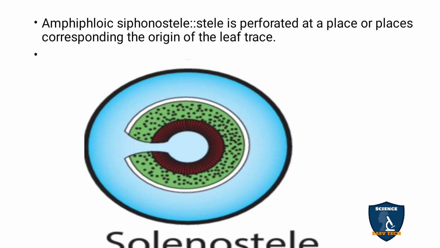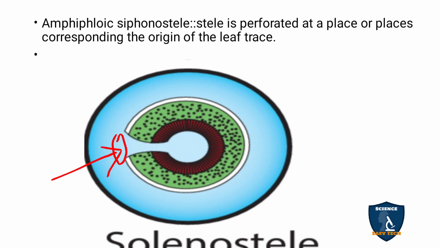Ectophloic Siphonostele: the stele is perforated at a place corresponding to the origin of the leaf trace. Here it is a leaf trace, and in this portion it is perforated.